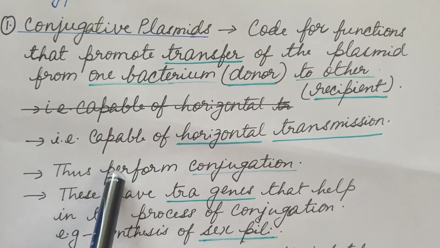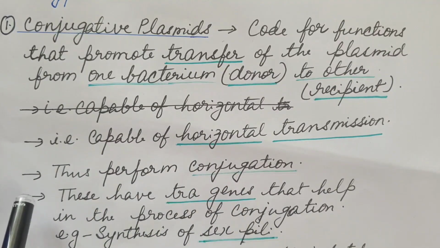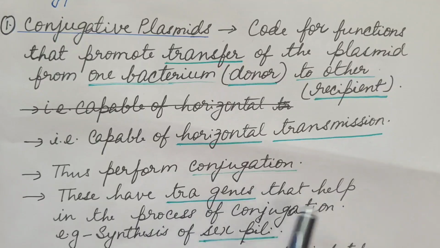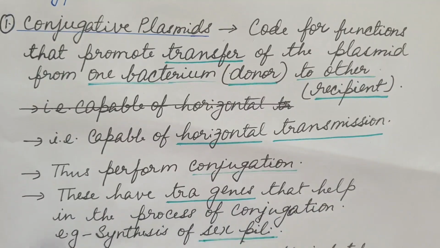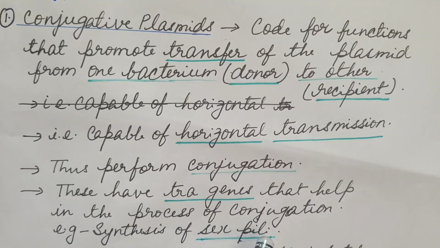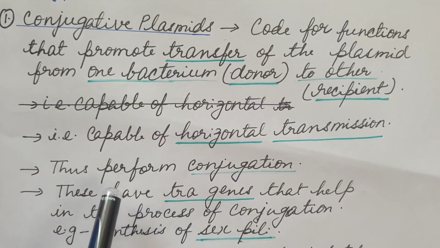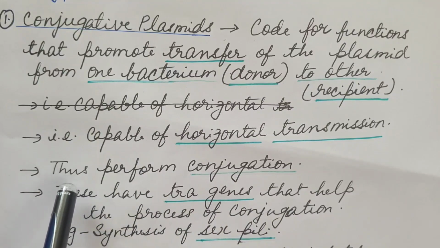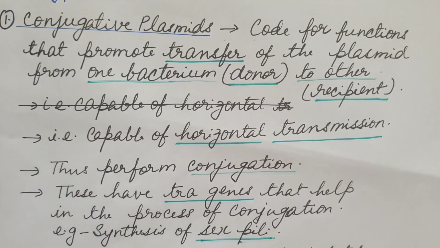Thus, they perform conjugation. These have tra genes that help in the process of conjugation. Example, synthesis of sex pili, which is then later converted into conjugation tube and helps in the transfer of plasmids from donor to recipient.